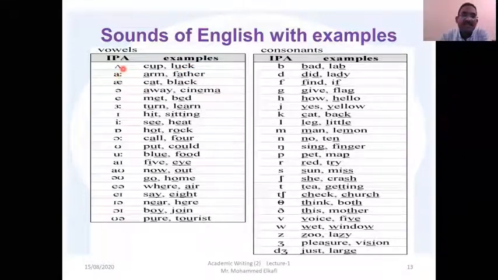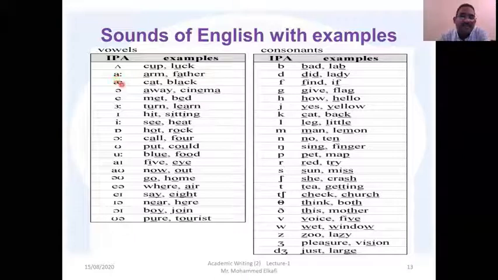This sound is ah, as in arm. This one appears in arm and father. When you say arm, if you remove the final part, we'll find ah. So this one is up and this one is ah.